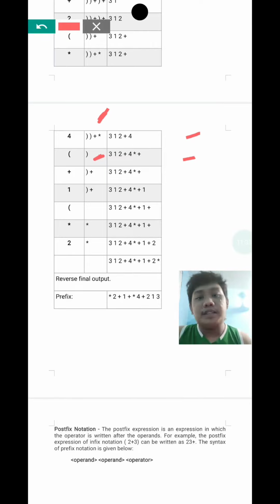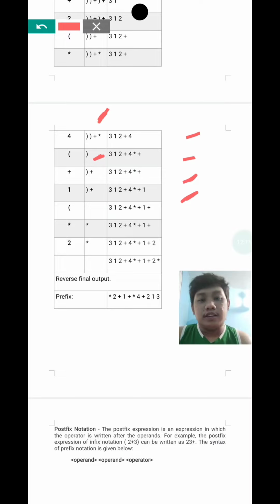Next is the plus symbol. It is added to our stack since it is an operator, so it is the parenthesis plus, and our output is as it is, 312 plus 4 times plus. Next is a 1 character. Our stack is as it is, parenthesis plus. So our 1 is added to our output, so 312 plus 4 times plus 1.